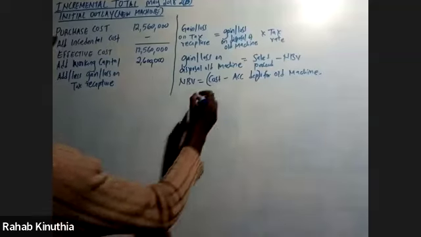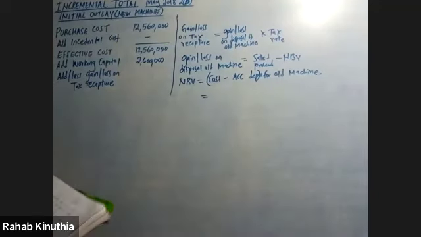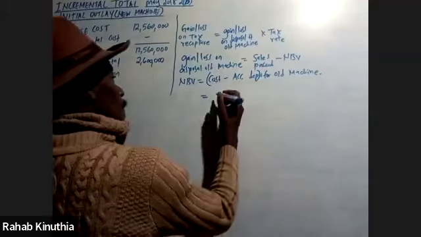So what is the cost of the old machine in the question? How much did they buy the machine for? If we go back to our question, the machine was bought at a cost of 80 million.